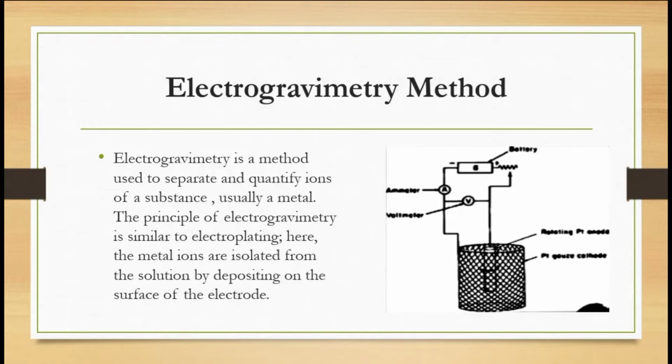Before and after the experiment, the mass of the cathode is measured, and the difference is used to calculate the mass of the analyte in the original solution. It is a weight gain based analysis, based on metal or metal oxide formation on an electrode. Both before and after the material is deposited, the weight of the electrode is measured, and the amount of material is calculated based on the difference.